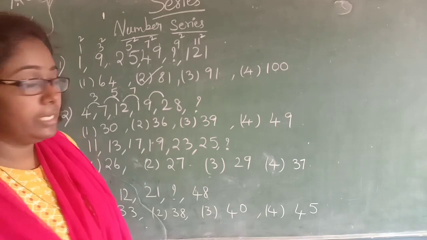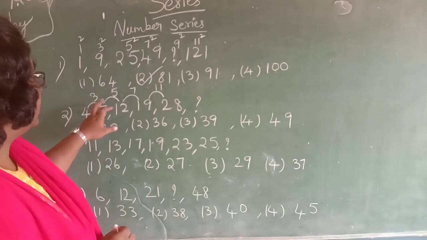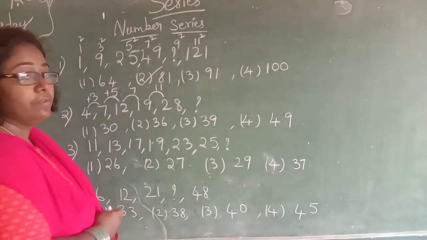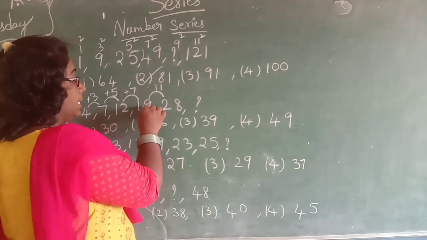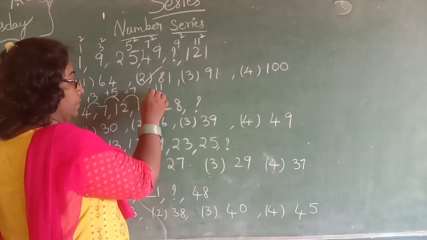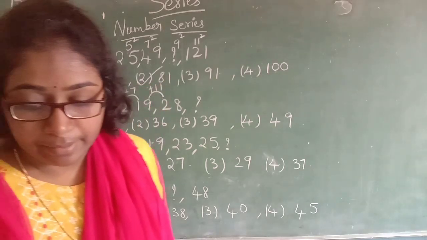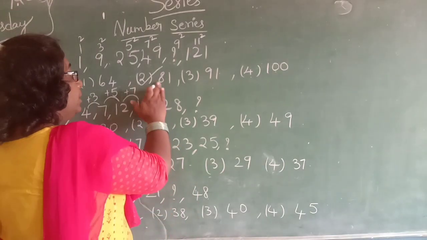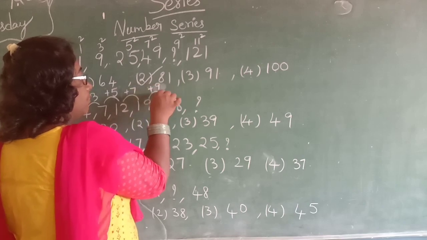So that is 9. So every number is being added: 4 plus 3 is 7, 7 plus 5 is 12, 12 plus 7 is 19, and 19 plus 9 will be 28.